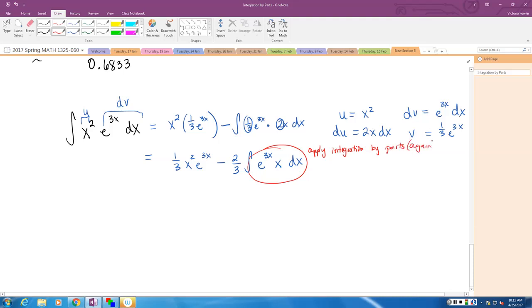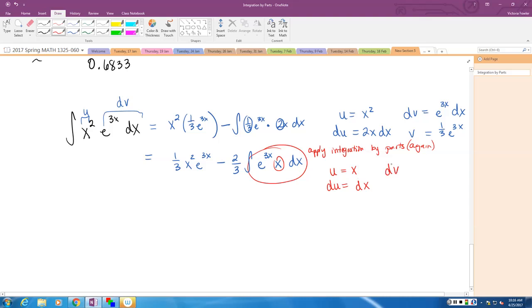And this time I'm saying again, so I have to take this complicated integral and make it into something simpler. So it's going to be performed twice in this case. So this is a good time for us to discuss again what's going to be your u. U will be my x. Okay, so my du is dx. Okay.